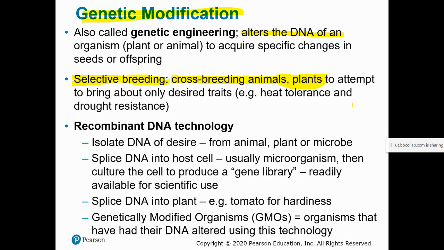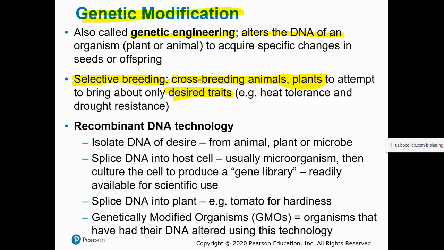We call that selective breeding because what we're trying to do there is really select the desirable traits of those animals or of those plants. So at that level, somebody could argue, well, humans are choosing the DNA of these plants that goes on into the next life cycle. That's a type of genetic modification.